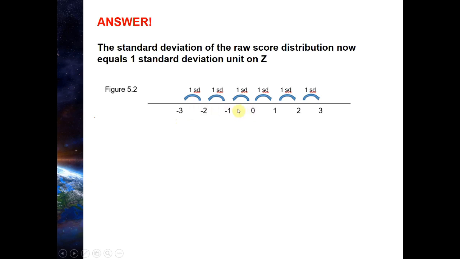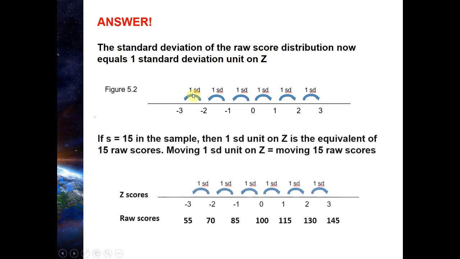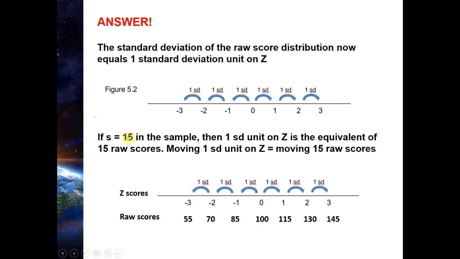The Z distribution uses standard deviation units. But what does 1 standard deviation unit equal in raw scores? In raw scores, it's whatever your standard deviation was. So let's pretend, in the case of IQ, and this is actually what we think it is, hypothetically, that the mean IQ in the population is 100 and the standard deviation is 15.